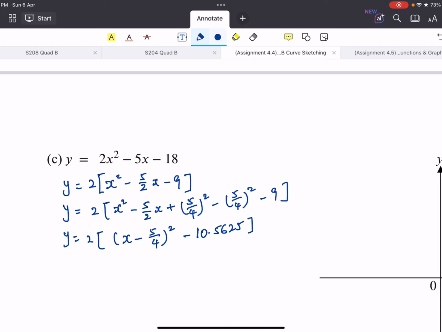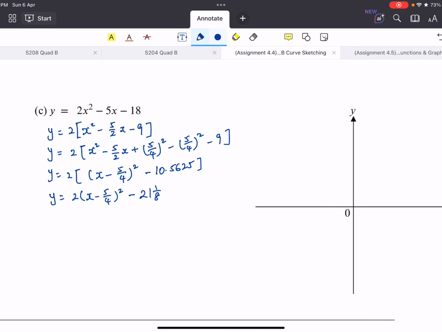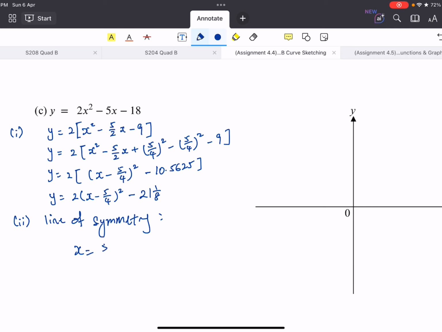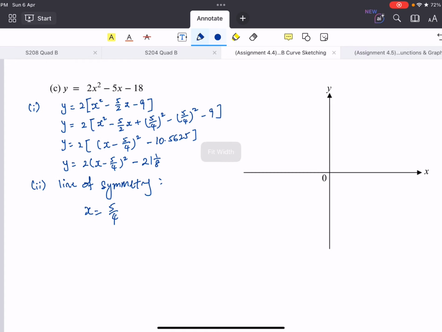Multiply by 2. 2 (x minus 5 over 4) squared minus 21 and 1 over 8. Okay, looks good. So that's part 1, right? So part 2, line of symmetry. X equals 5 over 4, right?